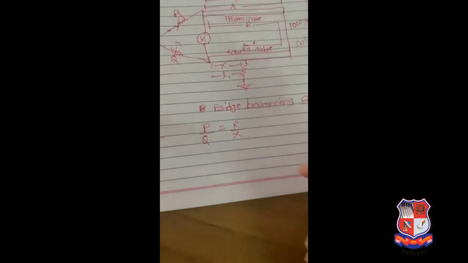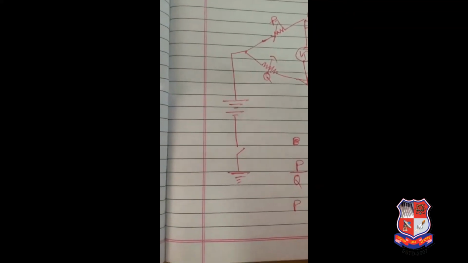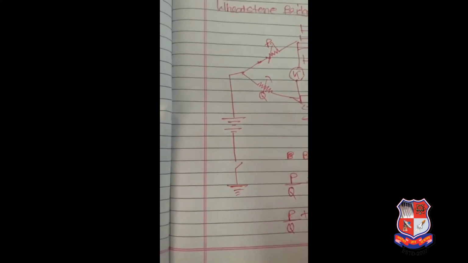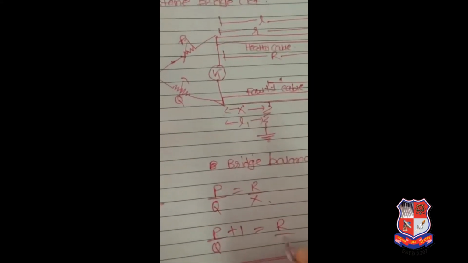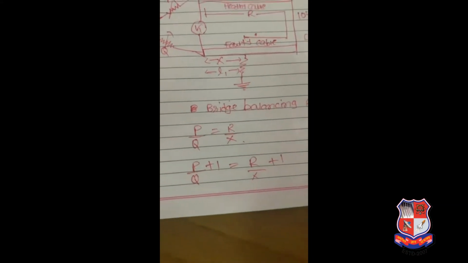Now, adding 1 on both the LHS and RHS, the equation will become P by Q plus 1 is equal to R by X plus 1.